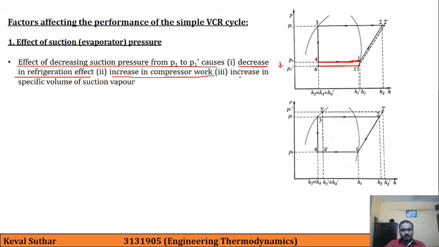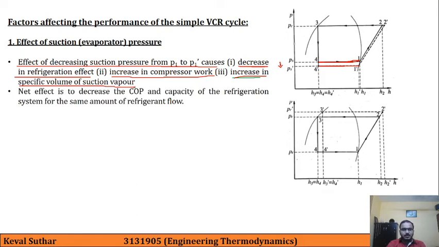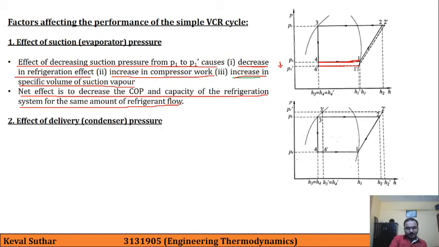And there is an increase in the specific volume of suction vapor. Because of this, the net effect is to reduce the COP and capacity of the refrigeration system for the same amount of refrigerant flow. So the conclusion is that as we reduce the evaporator pressure, it will reduce the performance of the cycle.